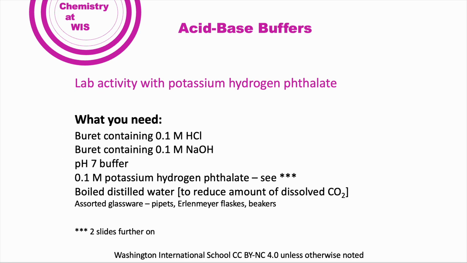And so here's what you will need: burettes, one with the hydrochloric acid, one with the sodium hydroxide solution, pH 7 buffer, and your potassium hydrogen phthalate, and it says 2 slides further on, and some boiled distilled water just to reduce the amount of dissolved CO2, but it has to have been cooled down.